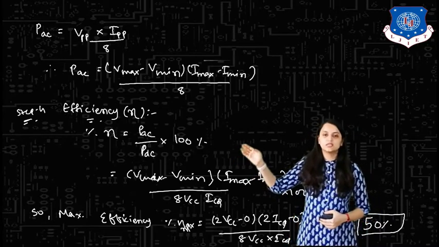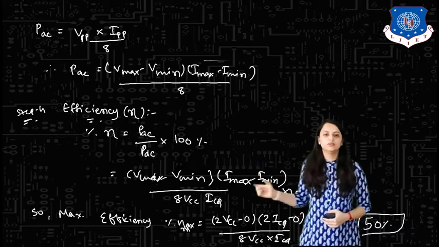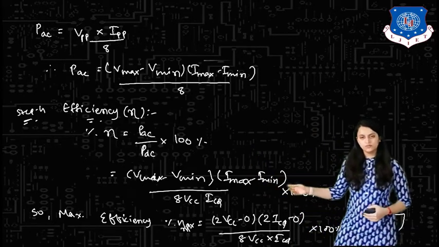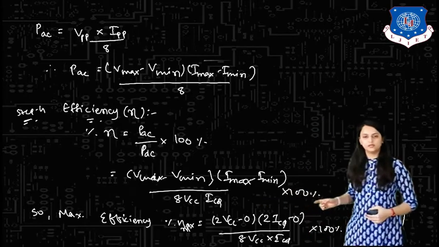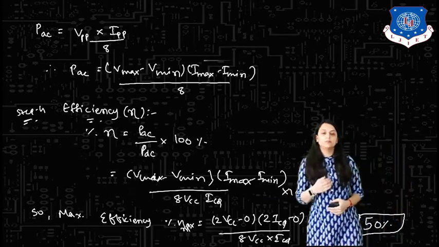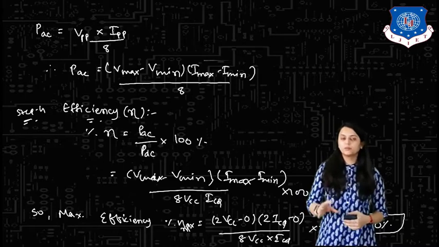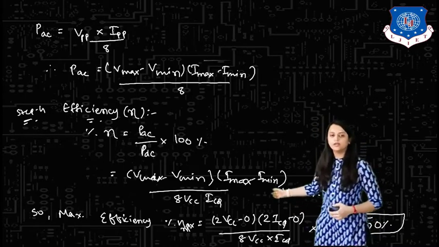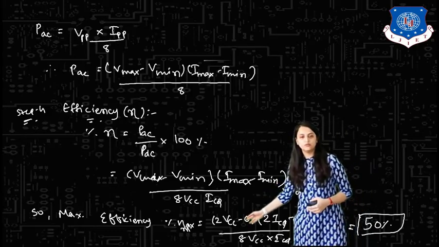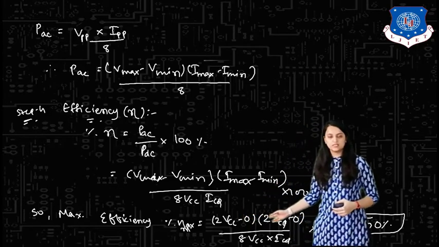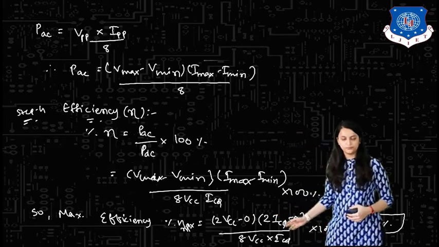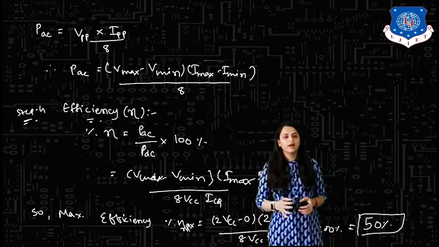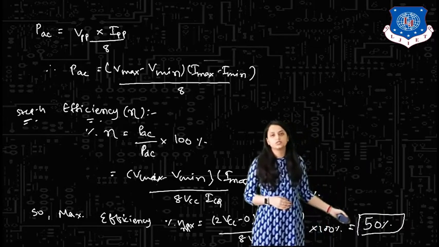To calculate the maximum efficiency for this amplifier, we place Vmax as VCC, Vmin as 0, Imax as 2 ICQ and Imin as 0, divided by 8 VCC into ICQ, and if we simplify it, we get 50%.